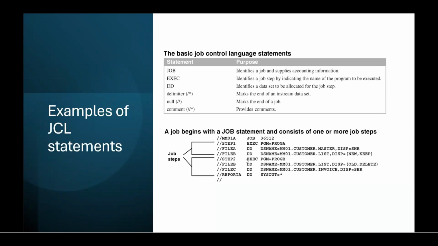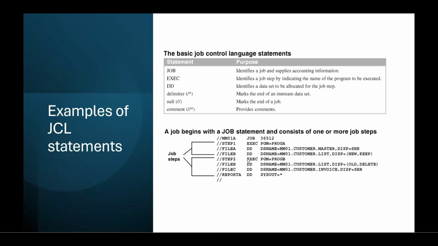And I already mentioned in each job, you will be having different types of job steps. So here in this job, you are having step one, which will be execution of this program using this file. And in step two, you are executing program B by using these two files.